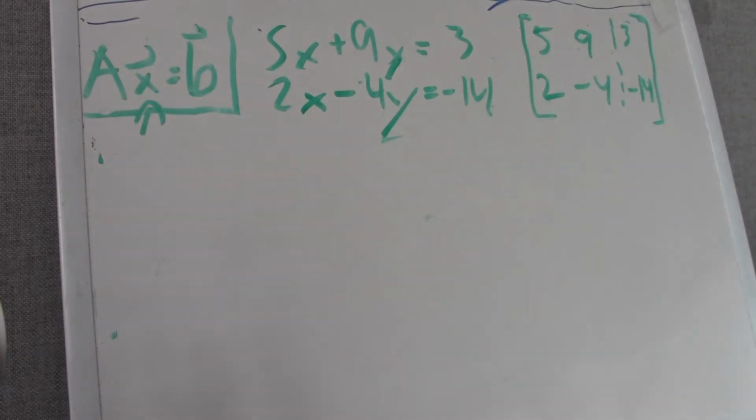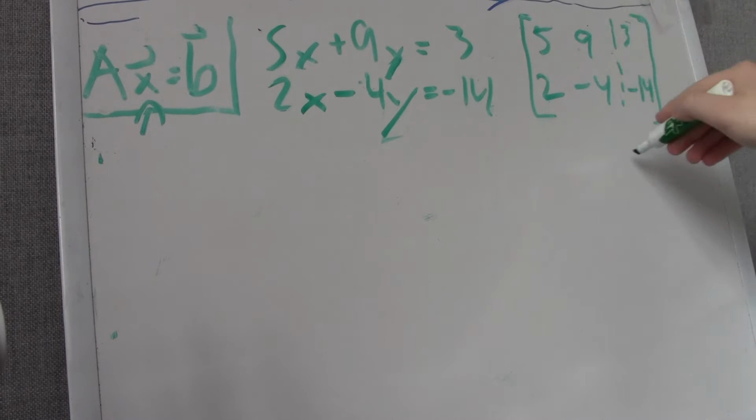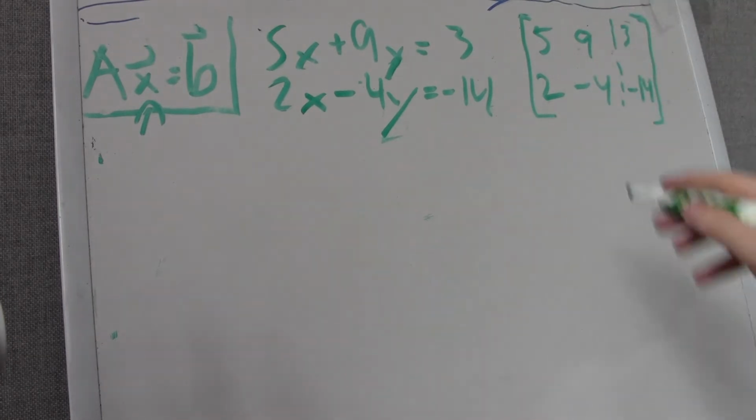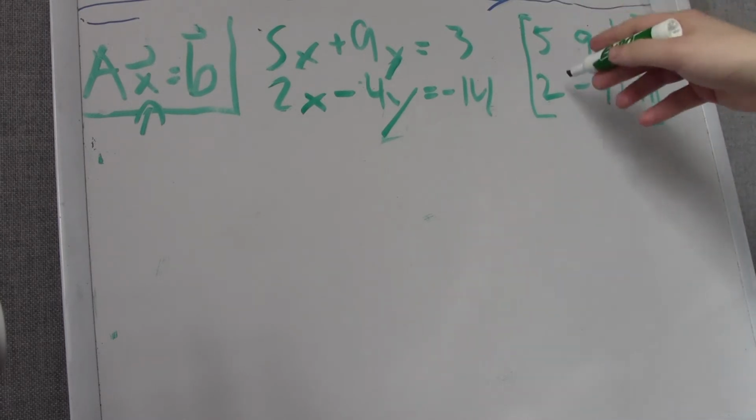So we want to get rid of that. To do that, we want to make this diagonal all 1s. So from top left to bottom right, it should be 1s, and then the rest should be 0s. So we want to clear out each column of 0s.